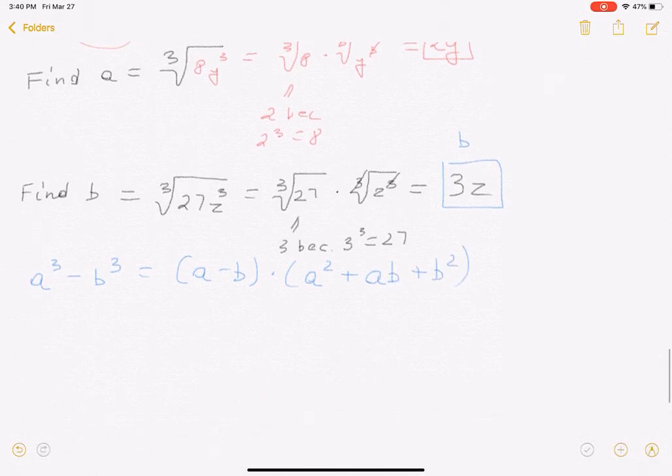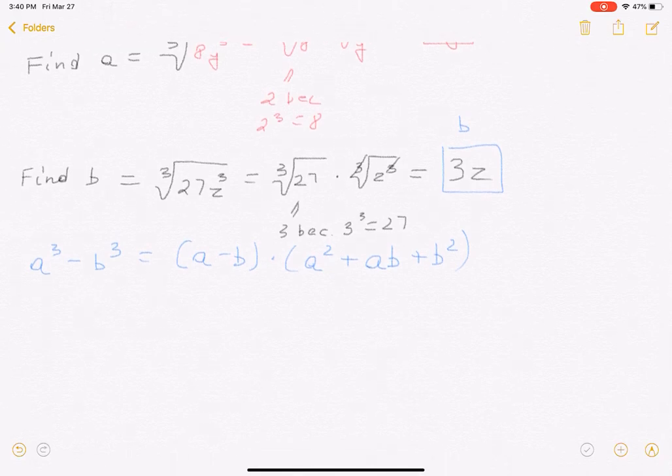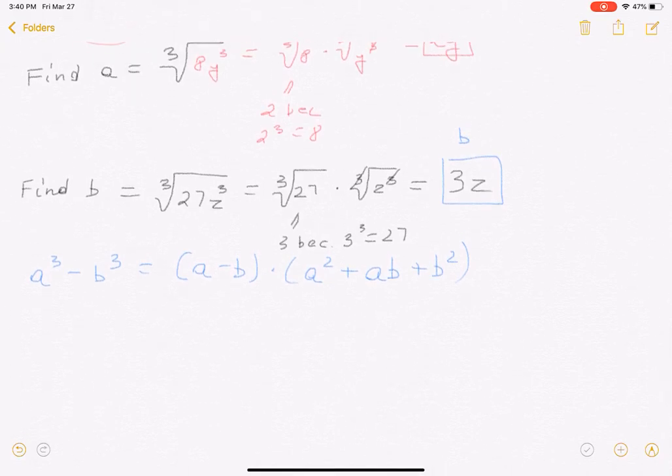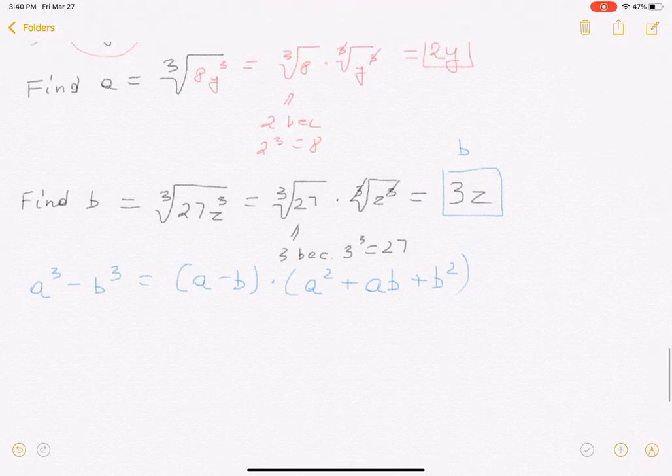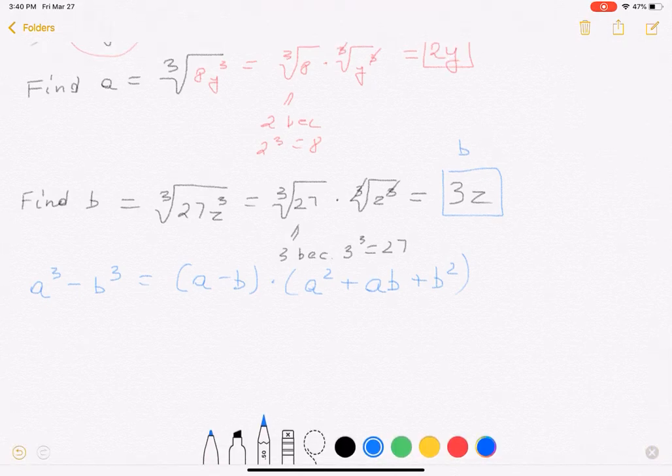Okay, so we need to factor 8y to the third power minus 27z to the third power.